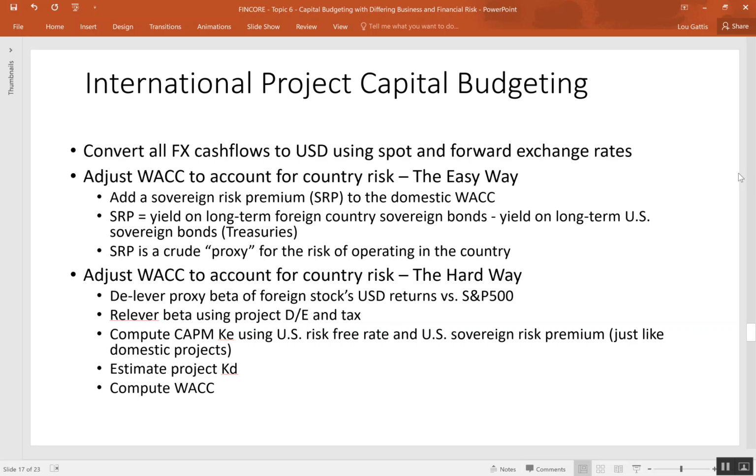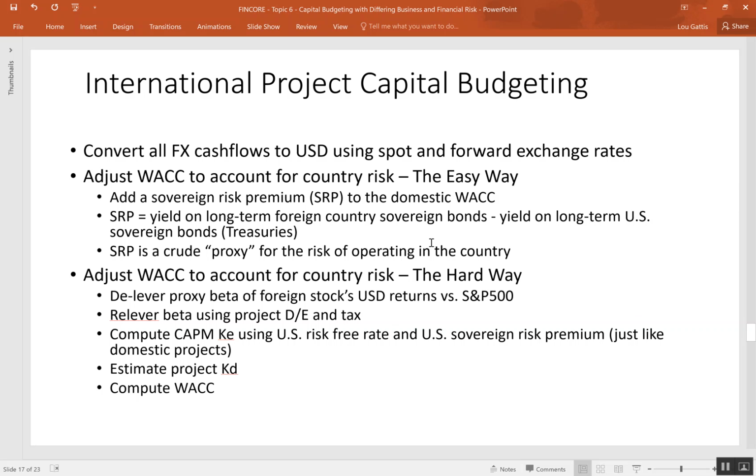If, say, India has long-term sovereign yields 3 or 4% above U.S., we'll add 3 or 4% to the WACC, call that the sovereign risk premium, and that's how we'll capture the risks of operating in India.